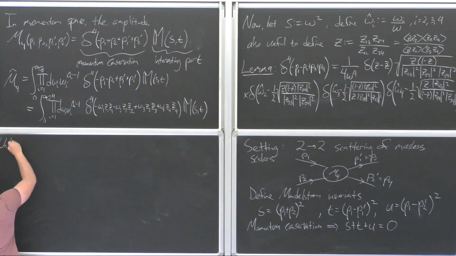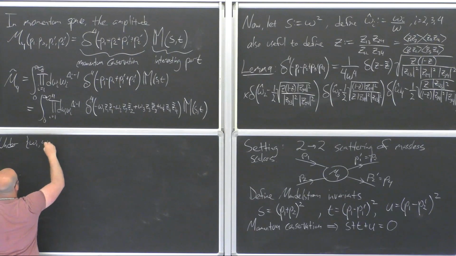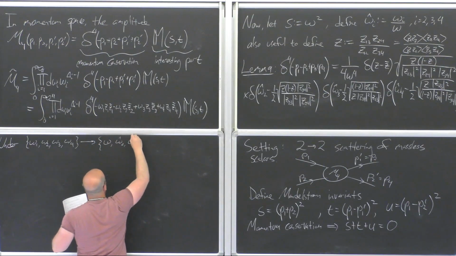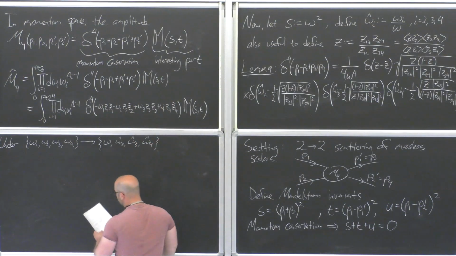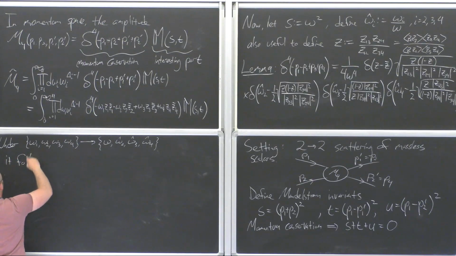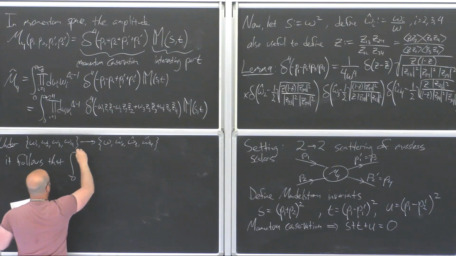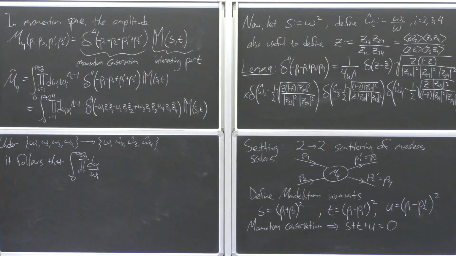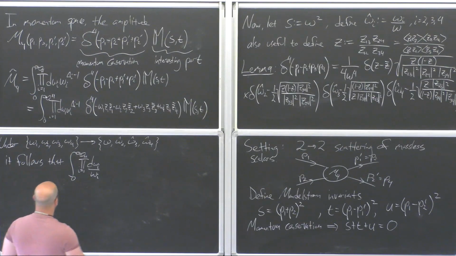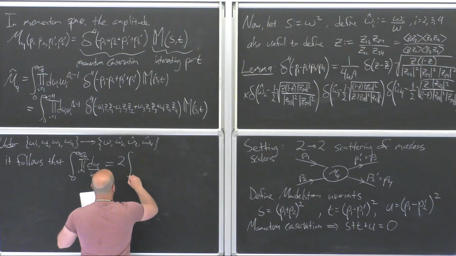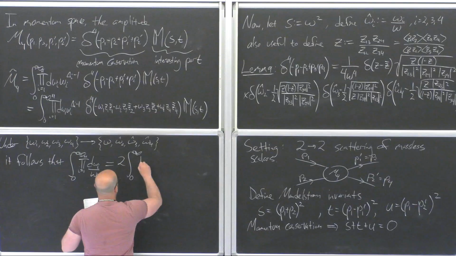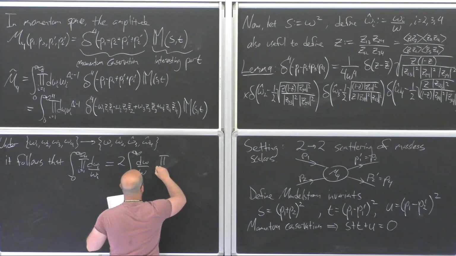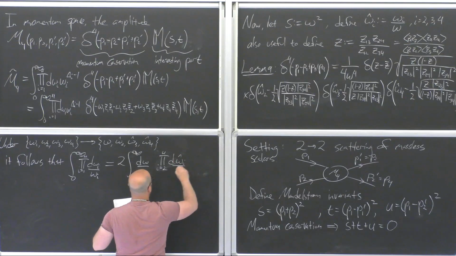So under the change of variables from, say, omega 1, omega 2, omega 3, omega 4, to omega, omega hat 2, omega hat 3, omega hat 4, you can show the integral measure, where we have 4 of these d-log type measures in the energies or frequencies, becomes 2 times a bunch of integrals still from 0 to infinity of d omega over omega, and the product for i from 2 to 4 of d omega hat i over omega hat i.